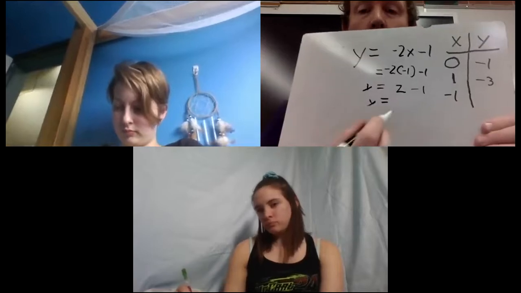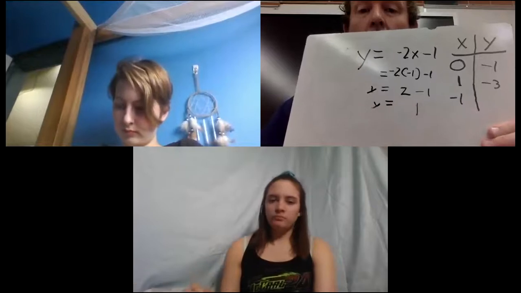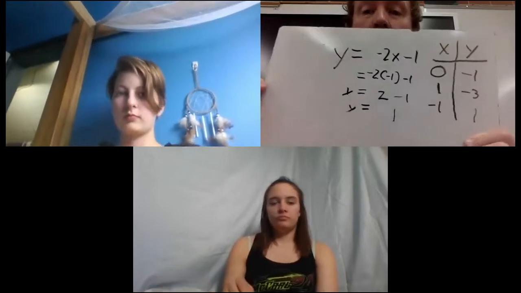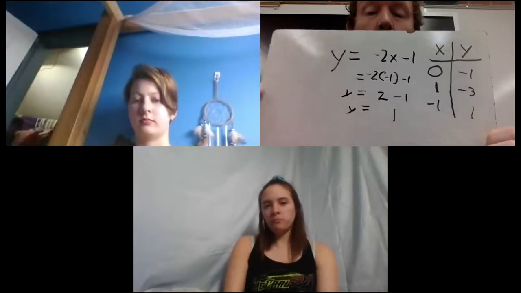And so now y ends up 2 minus 1 gives us 1. So over here, I've got 3 sets of ordered pairs. Now, what I do is I take and graph it.